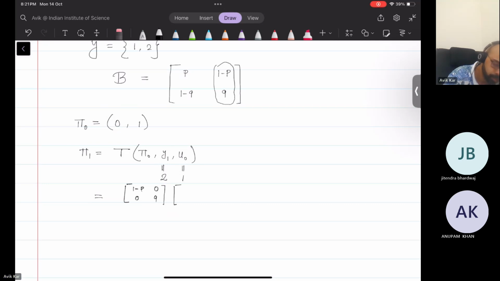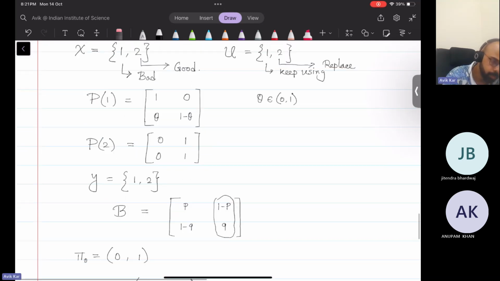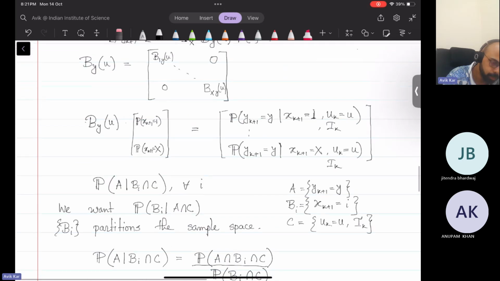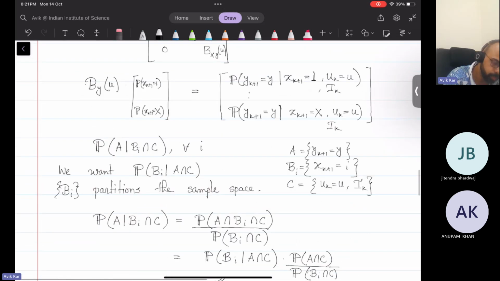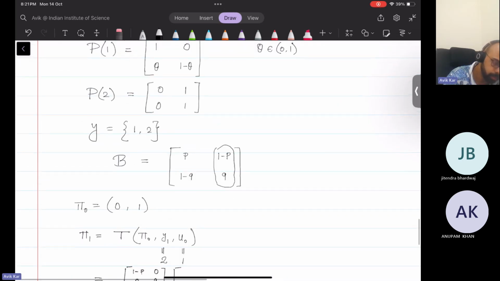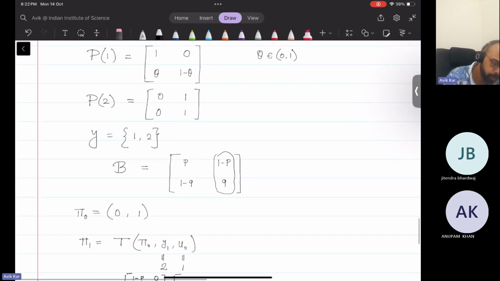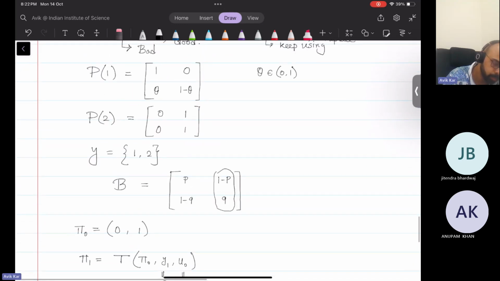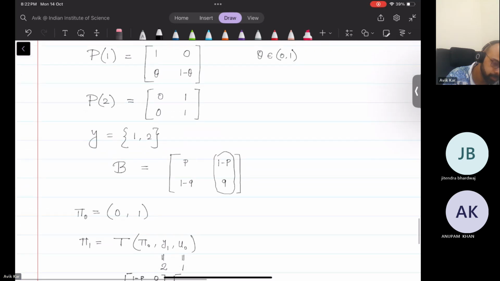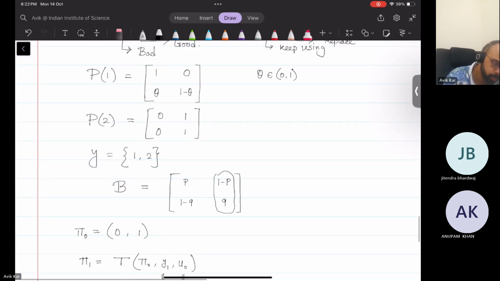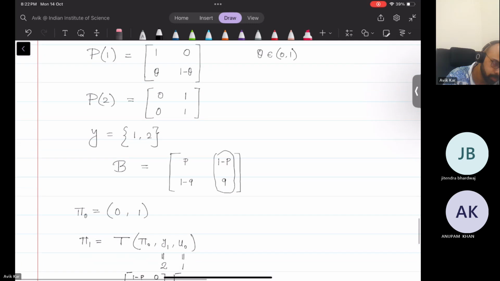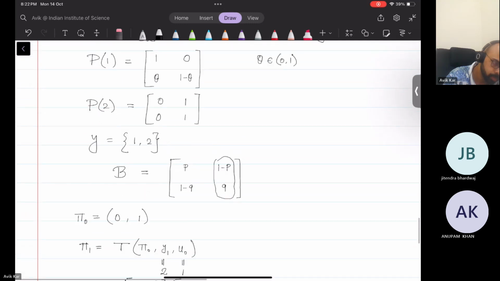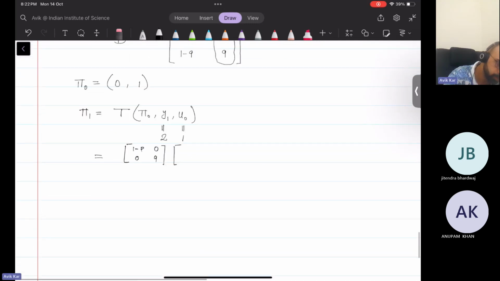And then P transpose U, where U is 1. This matrix is 1, theta, 0, theta.